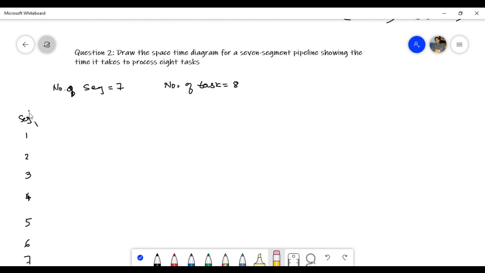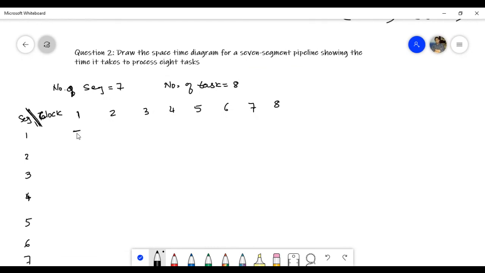We can identify this from the timing diagram also. So let us start from clock 1, 2, 3, 4, 5, 6, 7, 8.